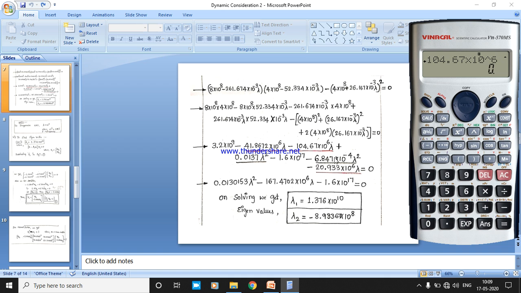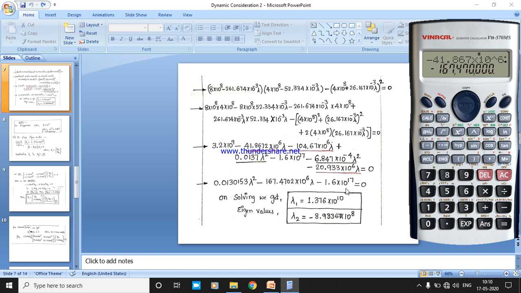Okay, so this and this value, minus 20.933 into 10 raised to 6 is equal to, so I got this value here, minus 167 into 10 raised to 6. So here 3 and 3. So here I got total 167.470 into 10 raised to 6 lambda minus, constant value remains same, 1.6 into 10 raised to 17, is equal to 0.